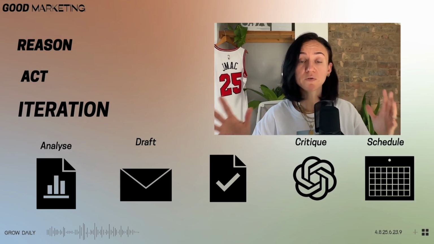Everything happens from beginning to end with no input from a human. That is all an agent is. It is doing tasks based on reasoning, acting, iterating, and outputting based on information that you give it. Instead of giving a single prompt for an output, you are giving an agent a goal. That agent then reasons, acts with the tools that you connect it to, and iterates until it hits that goal.